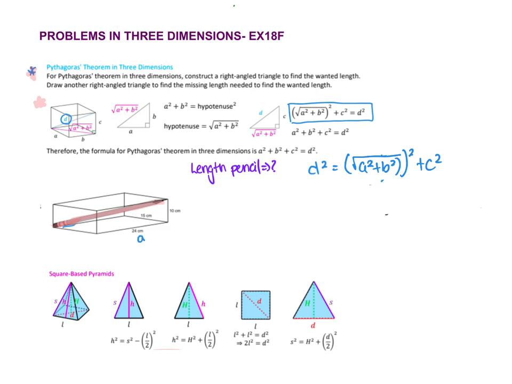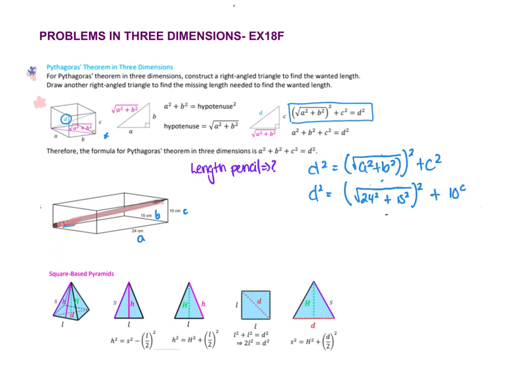So this could be A, this one could be B, and this could be C. That's what they've indicated up here. I'm just going to pop the numbers into my formula. So 24 squared plus 15 squared, and then plus 10 squared.